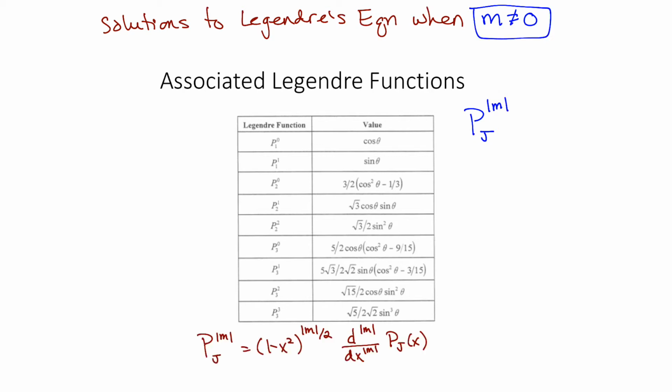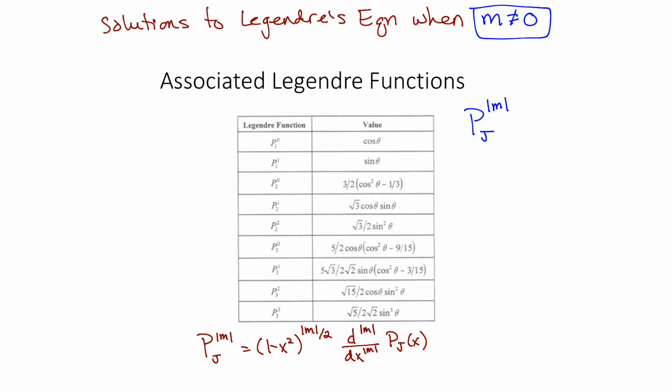Once again, you can generally look these up in a table. But if you wanted to put them together from scratch, you would use this generating formula, and we can see that they're defined in terms of the Legendre polynomials we just looked at previously.